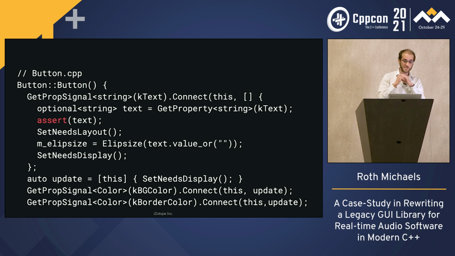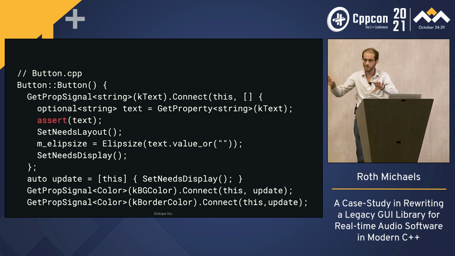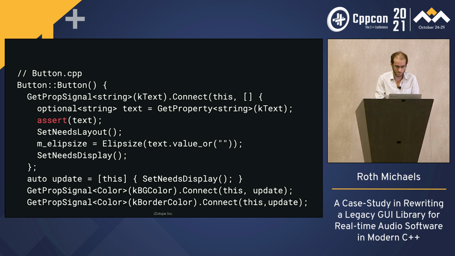And then we'll call setNeedsLayout because we might need to change the size of our button due to the text. We'll ellipsize the text, getting the text value or, if it was empty because we screwed up, because the style at the time was, well, we'll warn you with the assert, but we'll make sure you're not going to do any undefined behavior, and then call setNeedsDisplay.